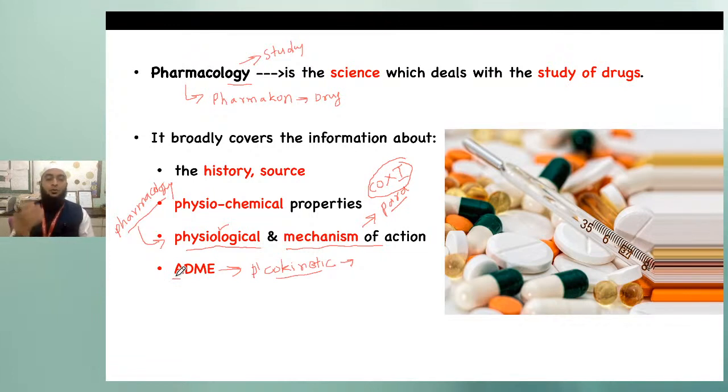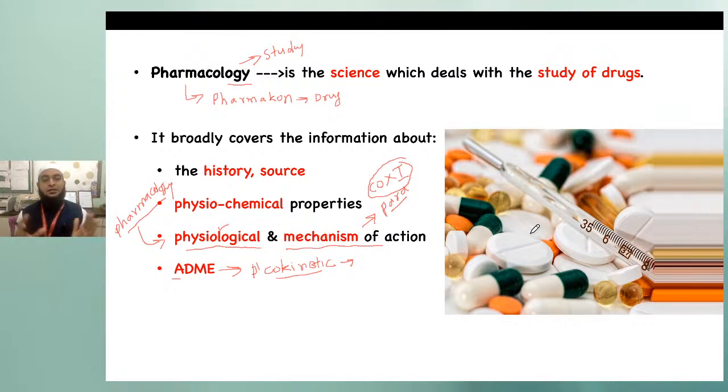So suppose you take the oral dose of any tablet, suppose you have taken the paracetamol tablet along with the water. When it goes into your GIT, it undergoes the process of disintegration. Means in the water, it will disintegrate into small particles, right? And after disintegration, it undergoes the process of dissolution. So what is dissolution? Dissolution is the process where all the drug is dissolved in your GIT system, right?